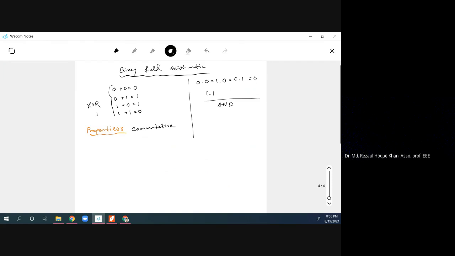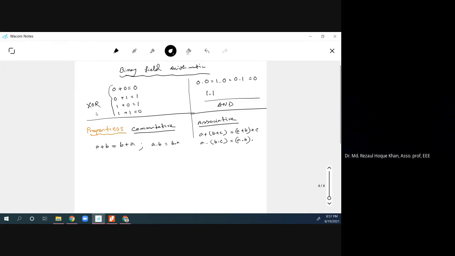It also has associative. Commutative means A plus B is B plus A, or A dot B is B dot A. Associative means A plus B plus C is A plus B plus C in any grouping, or A dot B dot C likewise.